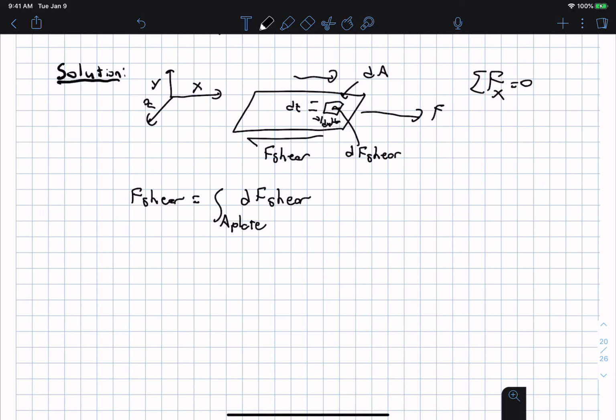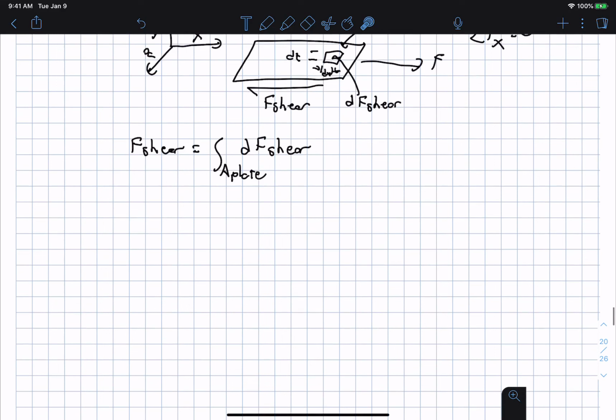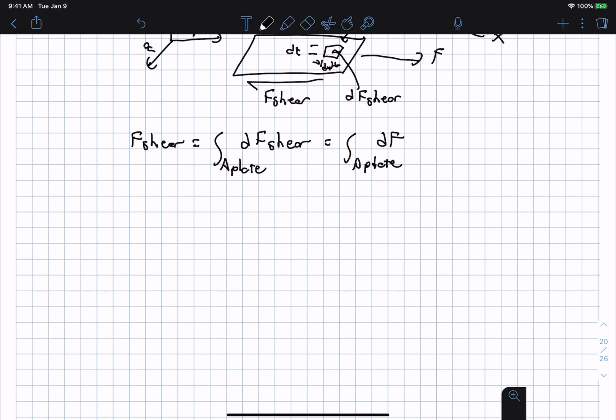Now to complete this integral, we need to find the differential shear forces. I'll just call this dF to save some writing, because we understand that it's a shear force.